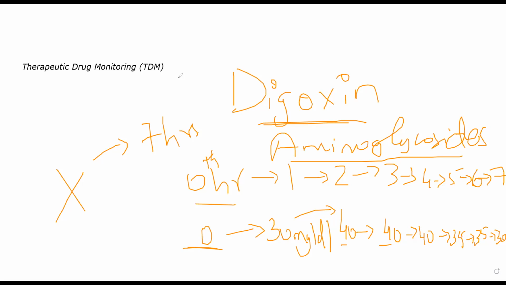Okay, it'll take time. So to find out whether that drug is working or not, you need to measure the plasma level, whether it is being achieved or not, because behavioral change will take quite a lot of time. Even after, let's suppose, 2 or 3 months, the person is not showing any change. If you were doing therapeutic drug monitoring at that time, you will have known that the drug is already present in the person's body.